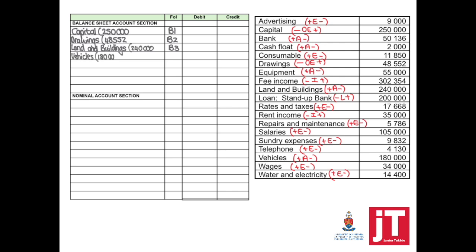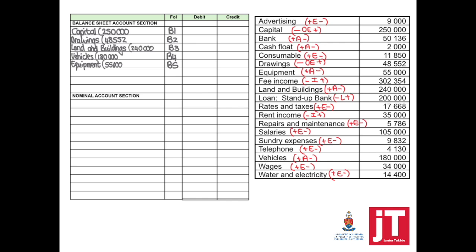We had vehicles, non-current asset, 180,000. Equipment, a non-current asset, 55,000. Again, we write the figures in brackets because we don't know yet were there any changes to those balances.